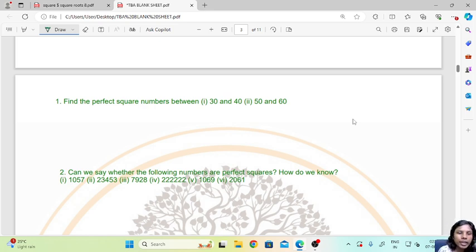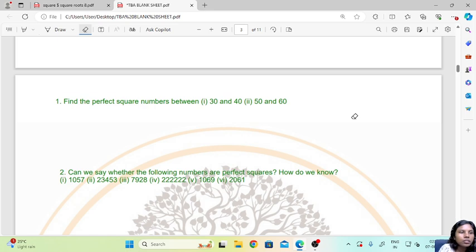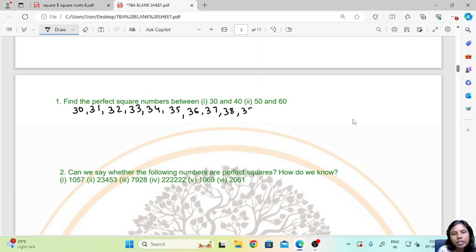So let's first write down the numbers that come between 30 and 40. We have 30, 31, 32, 33, 34, 35, 36, 37, 38, 39 and 40. Okay, this is one set of numbers. Now we have to see which of them can be perfect square numbers.